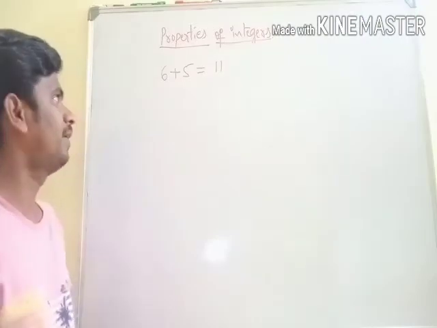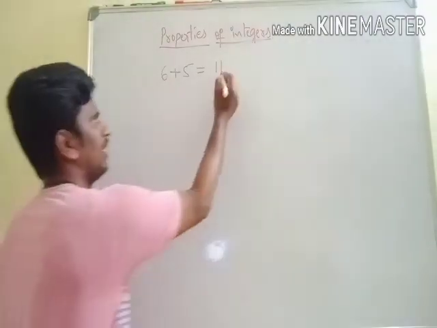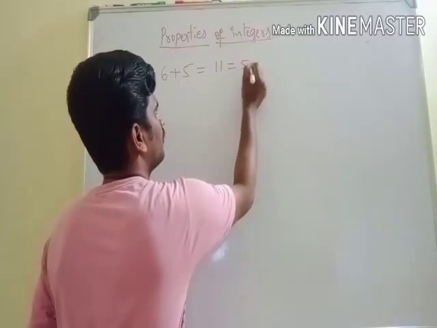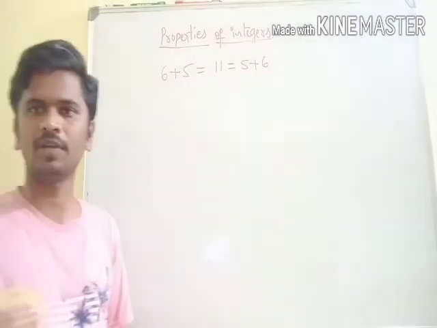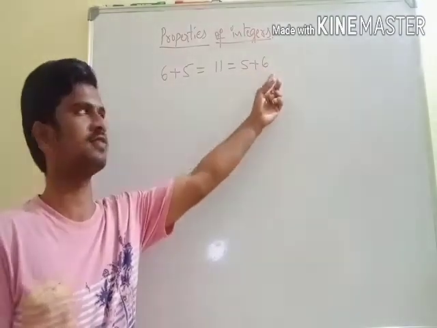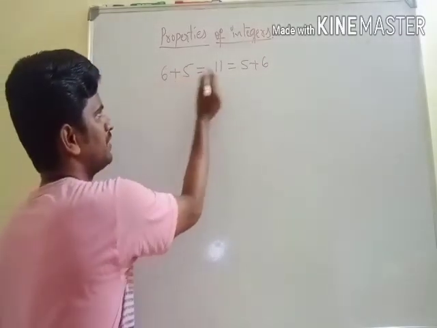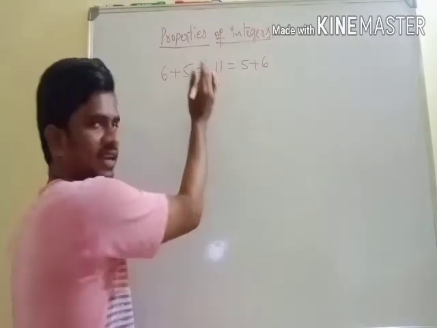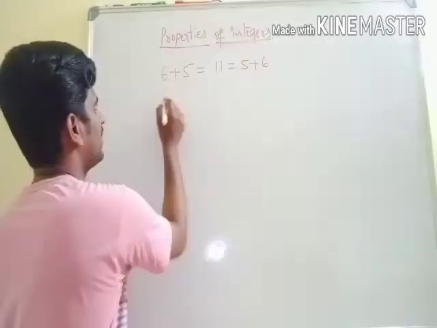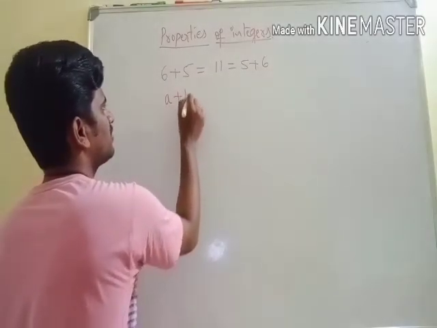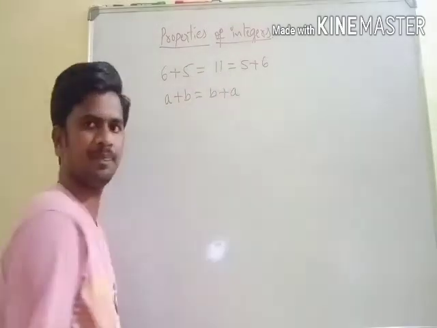Then, is it possible to write 11 as 5 plus 6? Yes, of course, because 5 plus 6 is also 11. So here 6 plus 5 is equal to 11, and we can write that 11 as 5 plus 6. In general, a plus b can be written as b plus a.